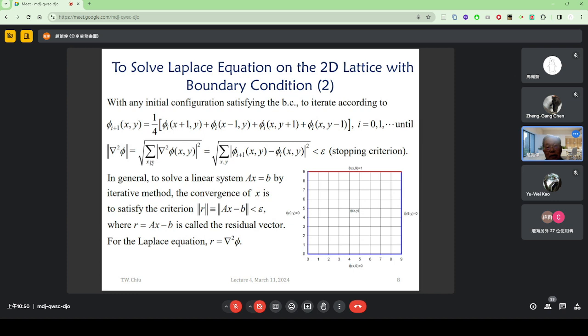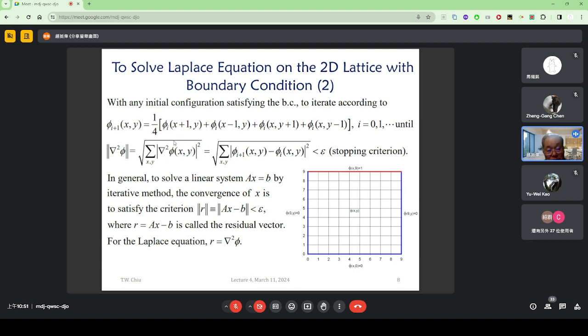This is the dot product of the vector with itself, and then take the square root. So the norm of A equals the square root of A dot A, and this is exactly the operation here.